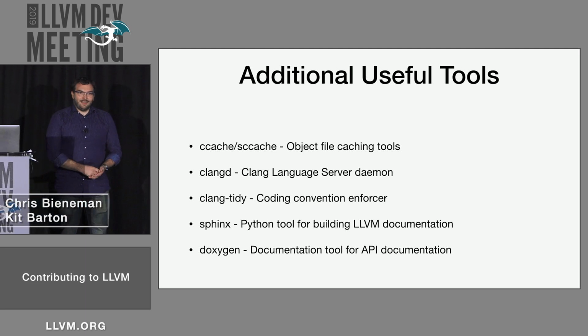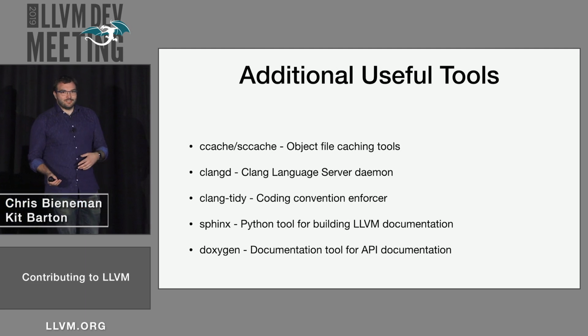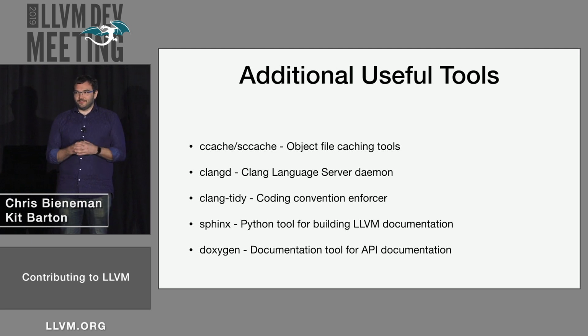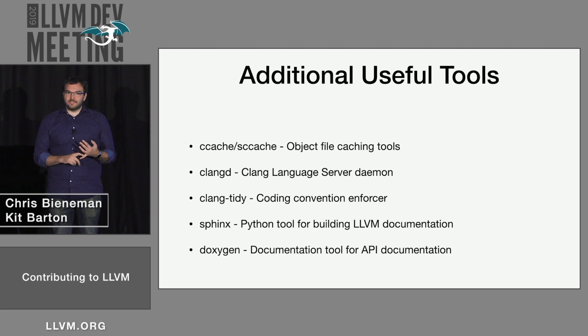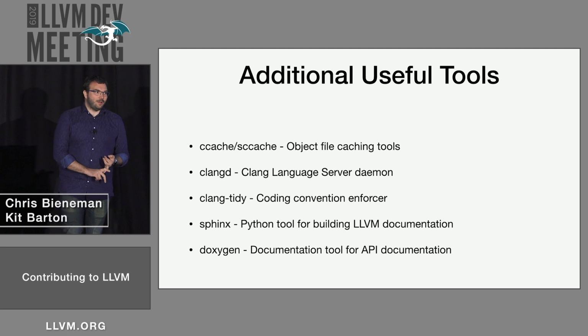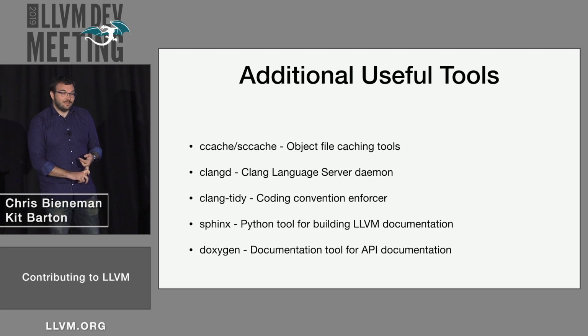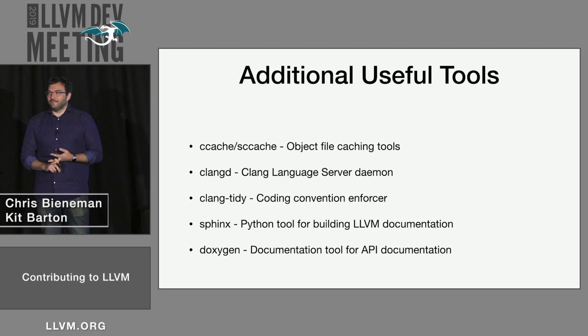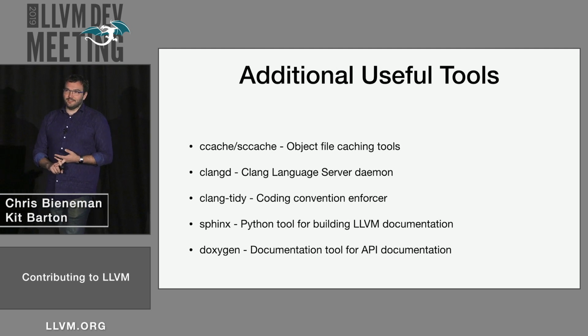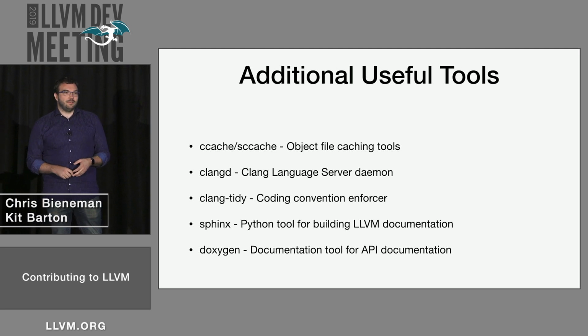Additionally, depending on your workflow and what systems you're using, there's a bunch of other tools that are nice to have. Ccache and sccache are object file caching tools that can dramatically speed up your build times. ClangD is a Clang language server implementation that has editor support for a whole variety of editors, and it's really great.